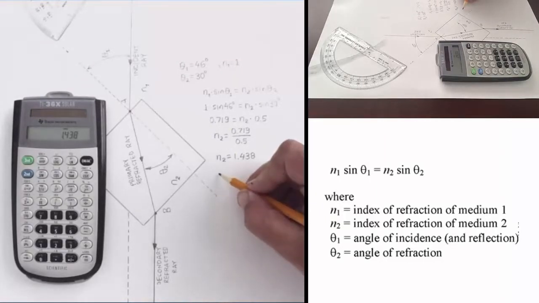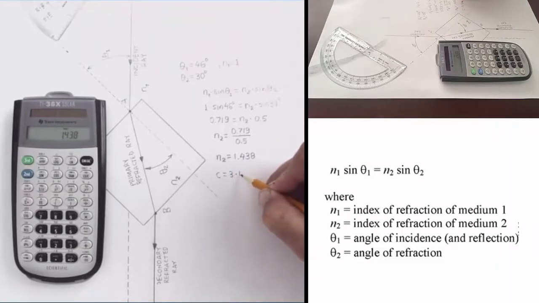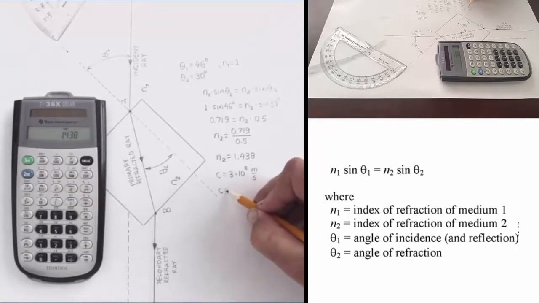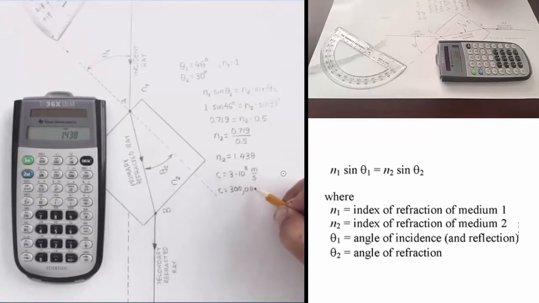So we know that the speed of light in air is equal to 3 times 10 to the 8 meters per second, or about 186,000 miles per second. This can also be written as 300 million meters per second.